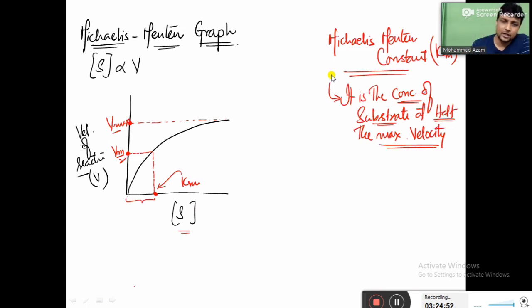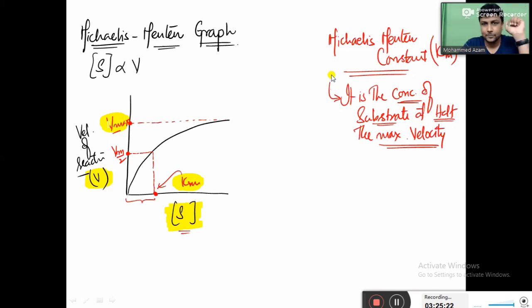So you people have to always keep in your mind these four things: concentration of substrate and Km on the x-axis, whereas the velocity of the reaction and the Vmax will be on the y-axis. Clear? So Km is nothing but the concentration of the substrate at half the maximum velocity.